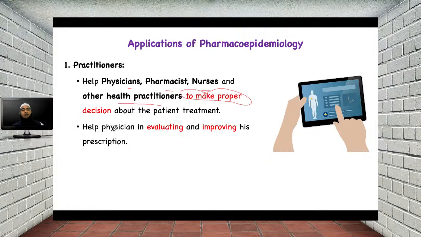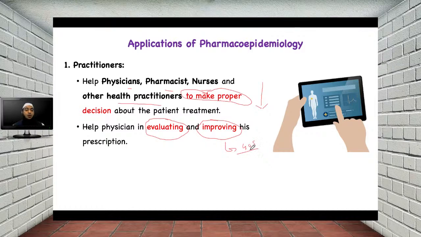Secondly, it also helps physicians in evaluating and improving prescriptions. It might happen that the physician was prescribing oral contraceptives in his earlier phase, right? But now, after looking at the results of the trials, he will stop prescribing this medicine, especially to women who are in their 40s or above 40, or women who are smokers.